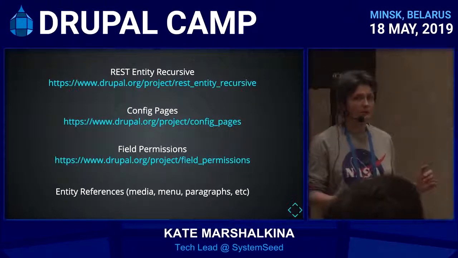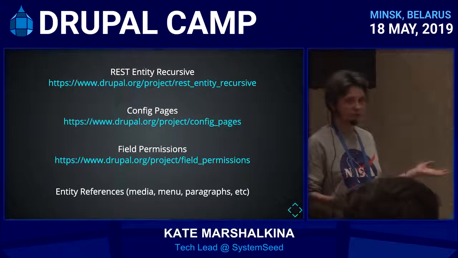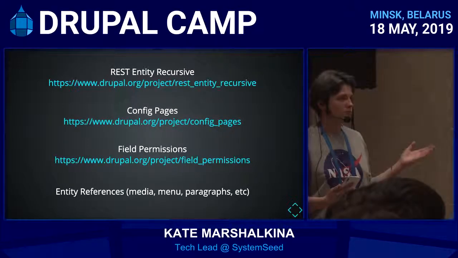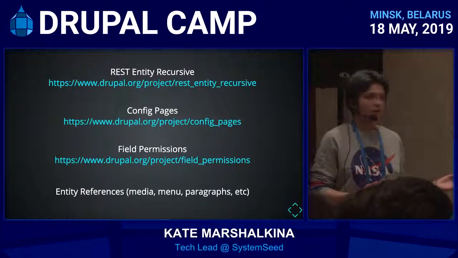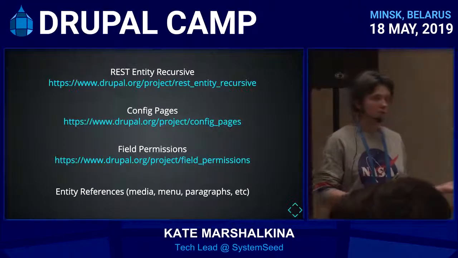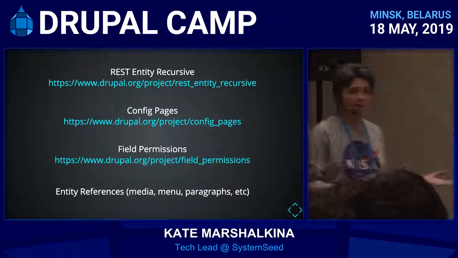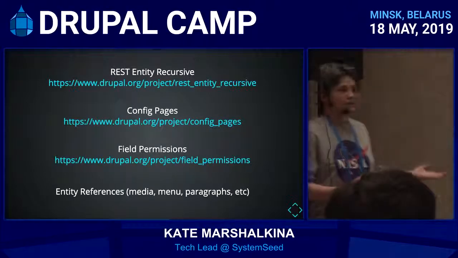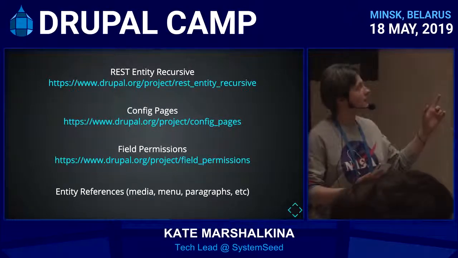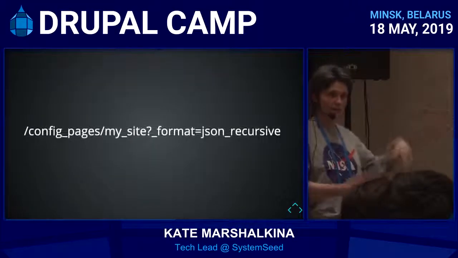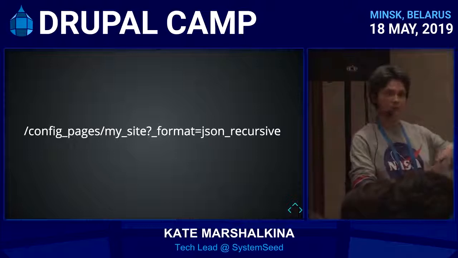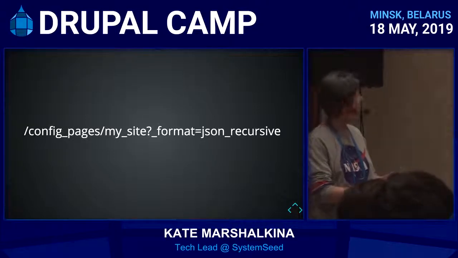Then you, as a developer, can create as many fields using Drupal core as you need. For example, if you need a logo, you just create a media entity reference field. If you need a menu, you create a menu entity reference field, and REST entity recursive will figure out how to expose that menu. And if your menu links have fields, it will also figure out how to expose them.